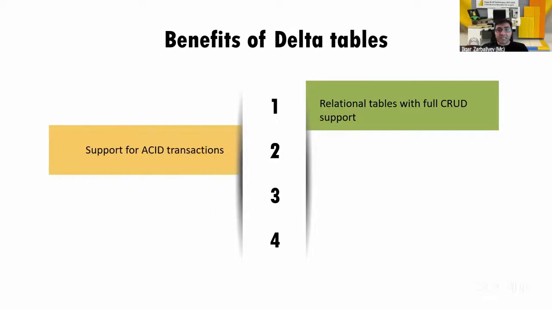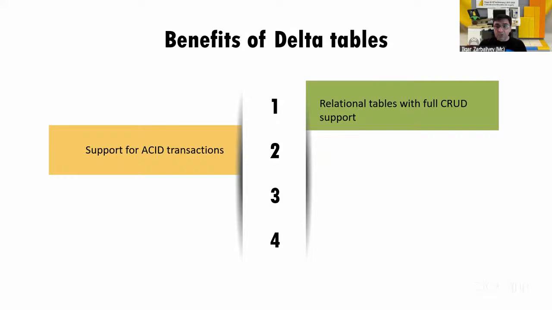Second, support for ACID transactions. Relational databases are designed to support transactional modifications that provide atomicity: transactions complete as a single unit of work. Consistency: transactions leave the database in a consistent state.